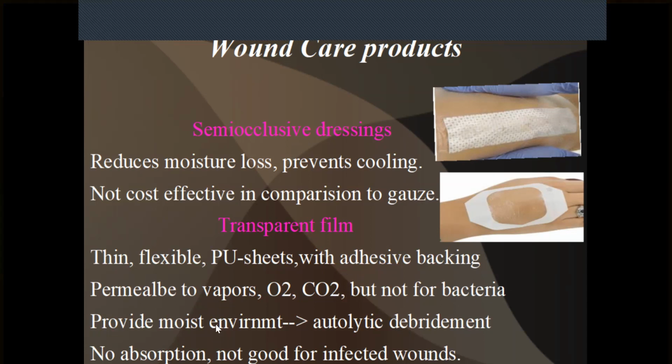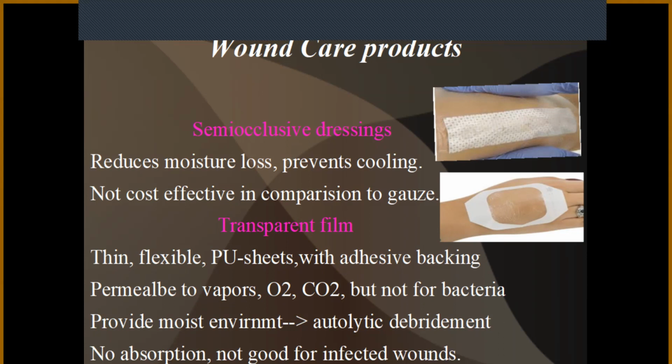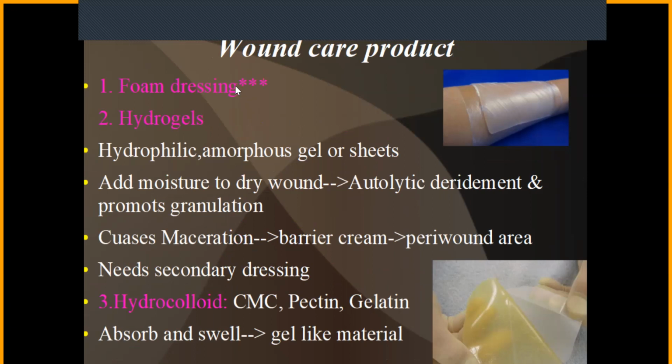It provides a moist environment, so it is used for autolytic debridement. No absorptive capacity, and so it is not good for infected and exudative wounds. Foam dressing, I'm leaving it because it is covered in the negative pressure wound therapy.